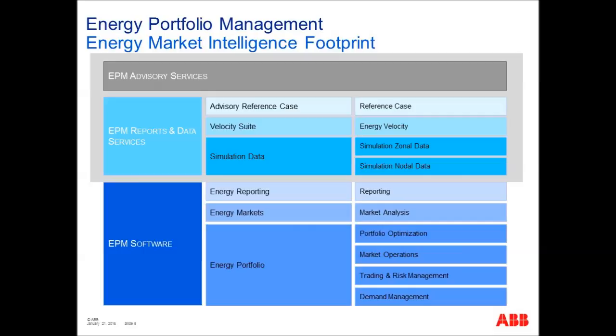Velocity Suite is a tool for looking at and examining historical generator information, such as carbon emissions. And also these are coupled with simulation-ready data. This is data ready to go into models to conduct analyses, and they're coupled with the reference case. And, of course, at the very bottom is a software portfolio. And we're down there with the portfolio optimization area with ProMod, Strategist, System Optimizer, Midas, and PAR.